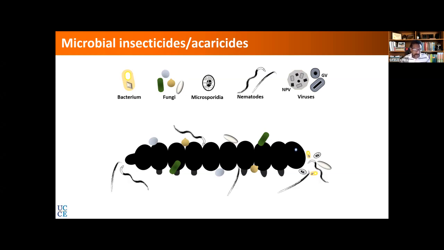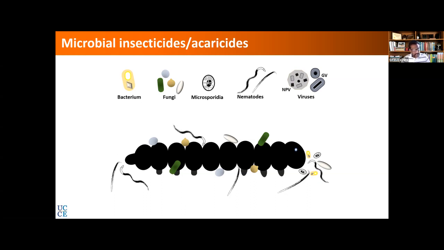Nematodes are microscopic worms. They don't actually kill the insects, but it is the symbiotic bacteria they carry. There are two popular genera, Steinernema and Heterorhabditis. Each of them has a particular genus of bacterium that they host, and when these infective juveniles of these nematodes go out, look for the insect host, they enter through natural openings.